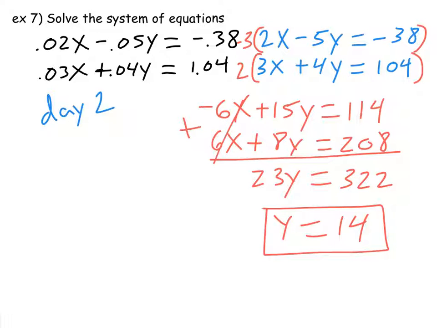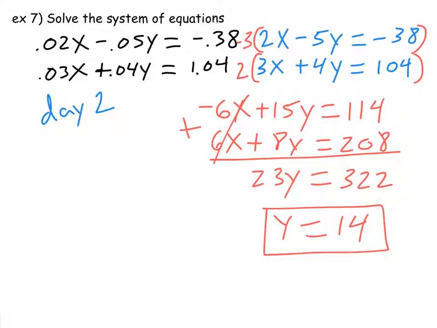One other thing that I like with that one compared to day 1 is that when I was eliminating variables in day 1, this is just kind of the way it worked out. You can always eliminate either one, but I think I eliminated y every single time just because that was the most efficient way to do it. So you can certainly see here, you can eliminate x. That might be the most appropriate thing to do.